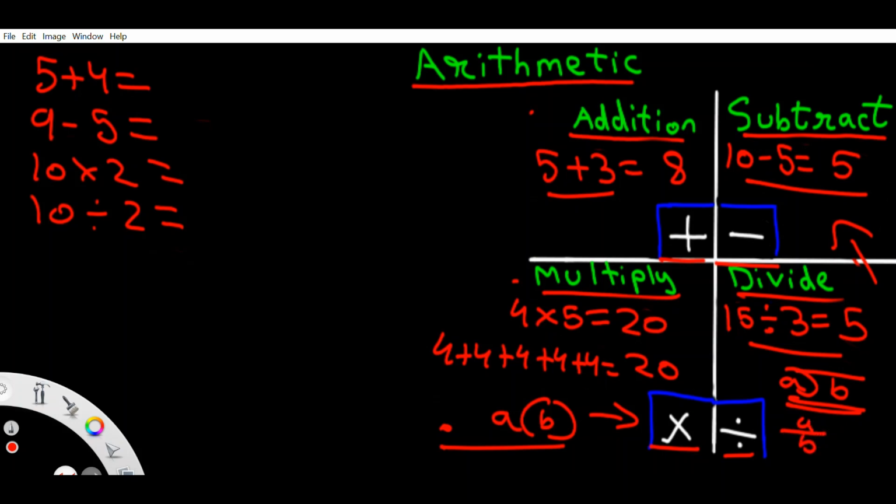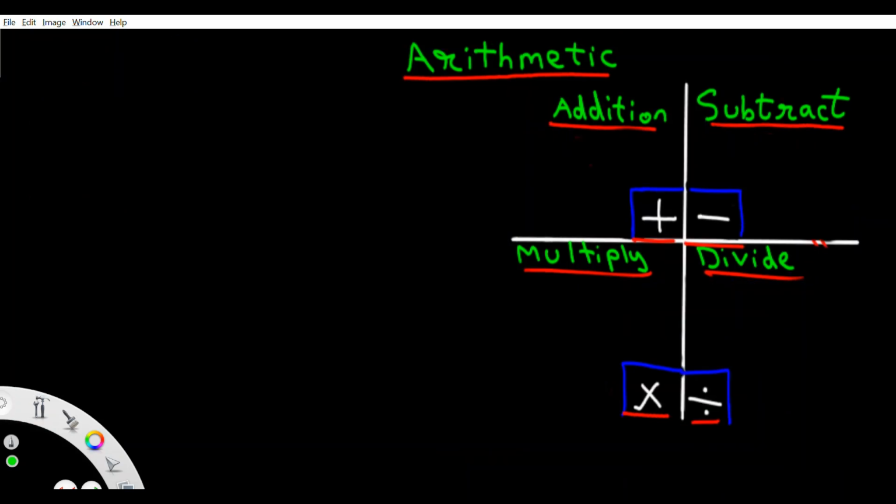So here I see the plus symbol, so I know I need to add those two values. I see the takeaway symbol, I know I need to subtract. I see the times symbol, the X symbol, you multiply, and I see the division symbol, I know I need to divide. Another important symbol that is used in arithmetics is the equal sign.